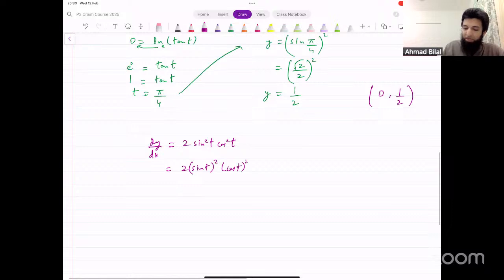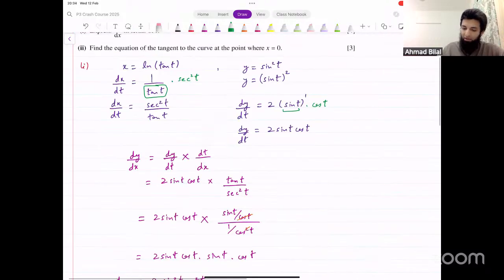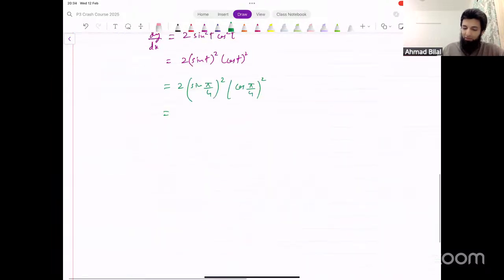So we can input that value of t now that we found there. What does that give us? 2 sine of pi over 4 whole squared times cos of pi over 4 whole squared. Put this on a calculator directly. See what you get from that.